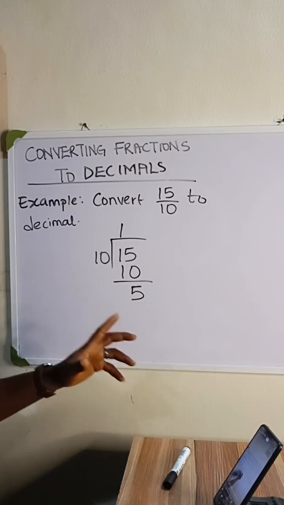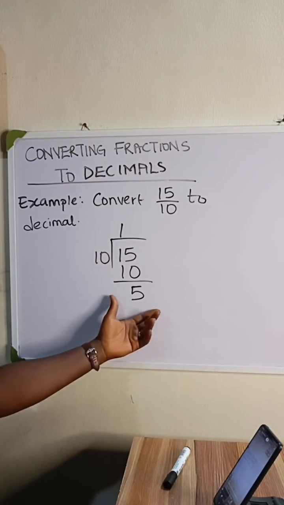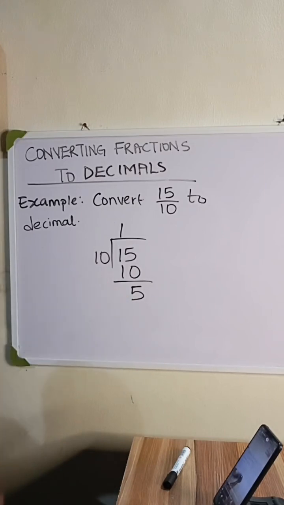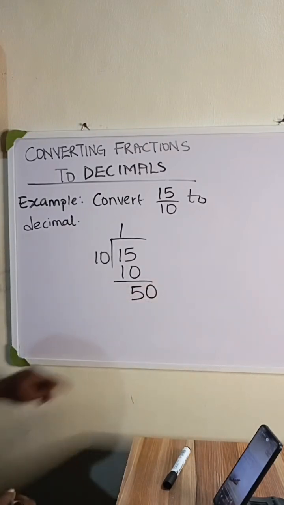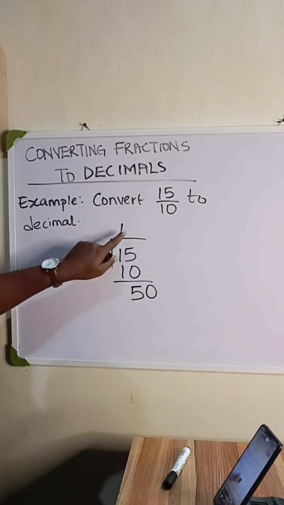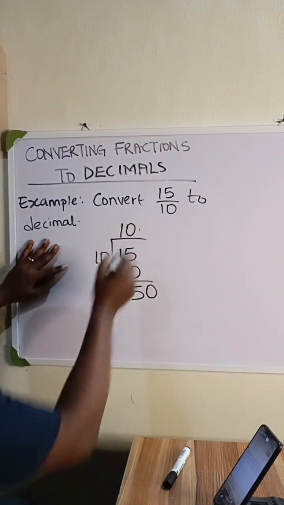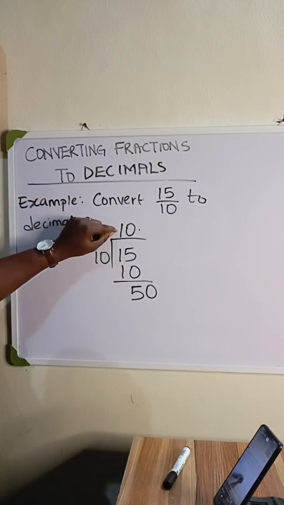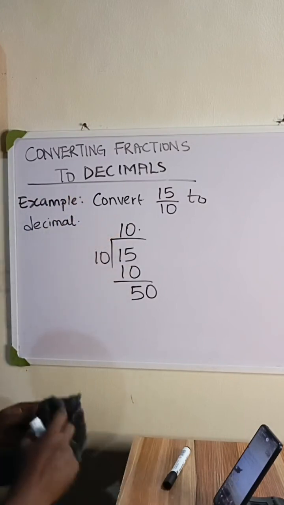So at this point, 5 divided by 10 is not possible because 5 is smaller than 10. So just as we did in our previous example, we are going to put 0 here so that this number will be bigger than 10. And then when we come to this point, we are not going to put 0 point because we already have a number. This number here, 1, is already existing. So we are not putting 0 point, we are just putting point.